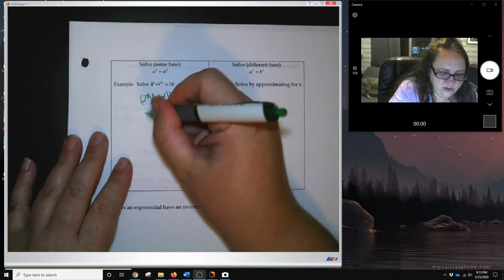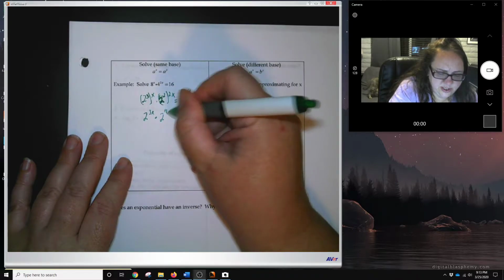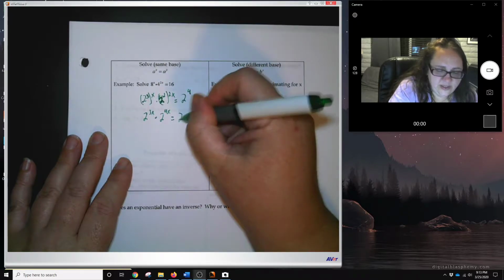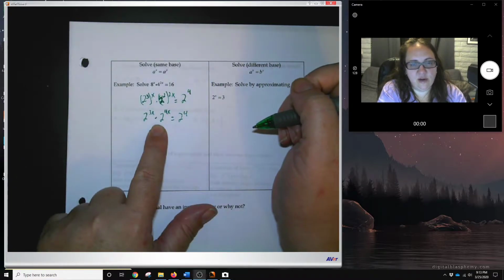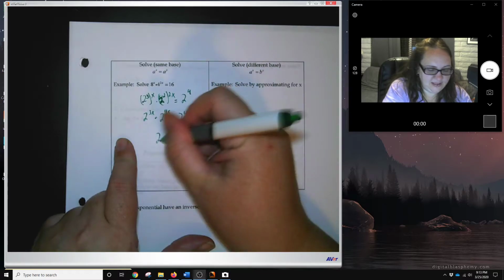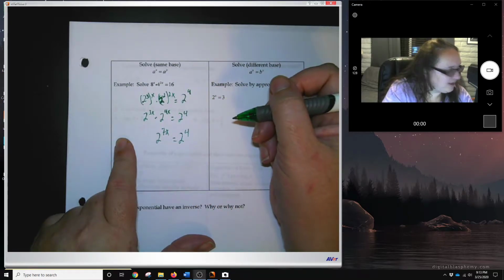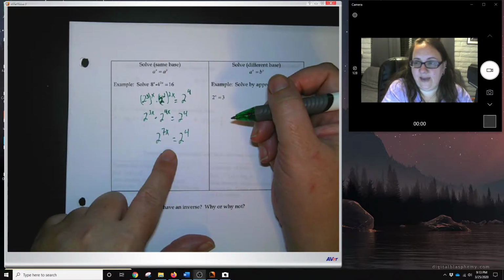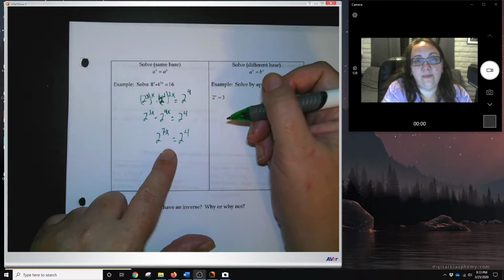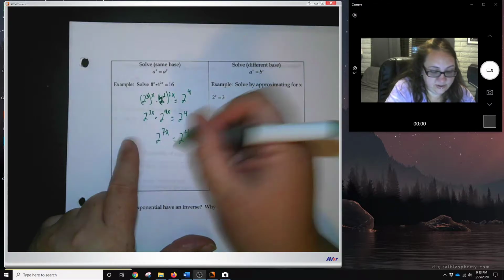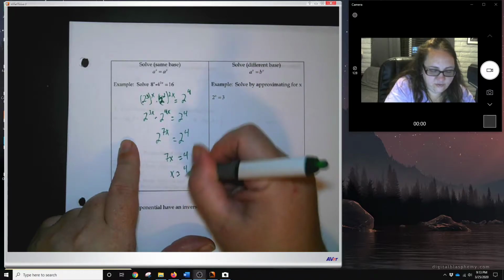So then 2 to the 3x times 2 to the 4x equals 2 to the 4. We said that when the bases are the same and you're multiplying, you keep the base and add the exponents. And then we also said that once you have one base on each side, you can get rid of the bases and set the exponents equal to one another. So 7x equals 4, x equals 4/7.